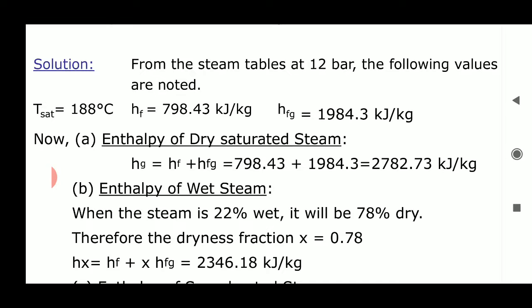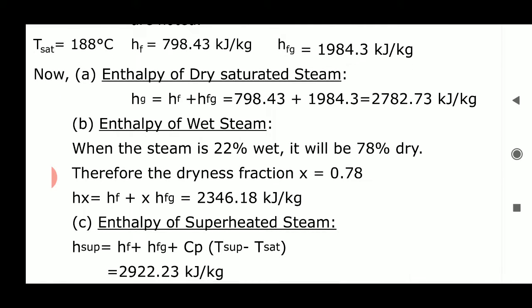Then for the second one, enthalpy of wet steam, that is when the steam is 22% wet. That means when it is 22% wet, it will be 78% dry. So therefore the dryness fraction we get is 0.78.